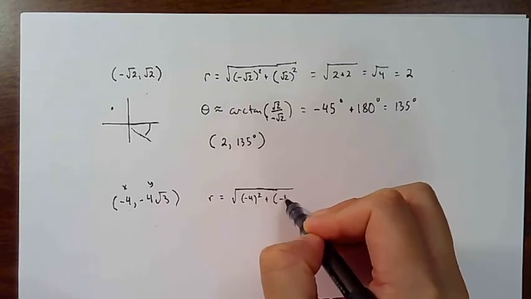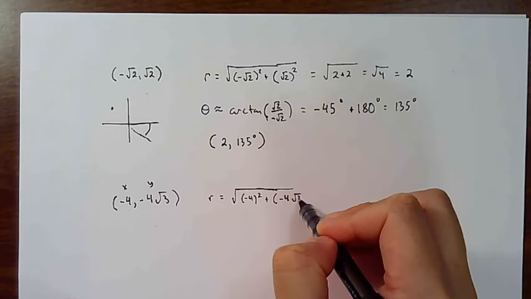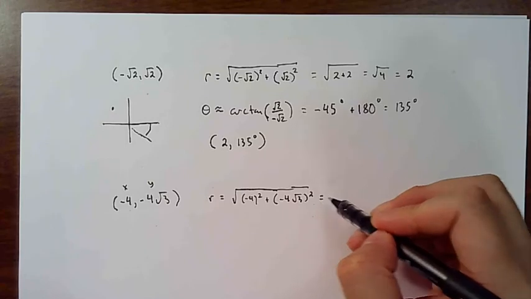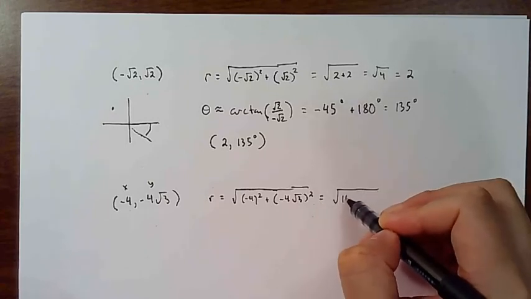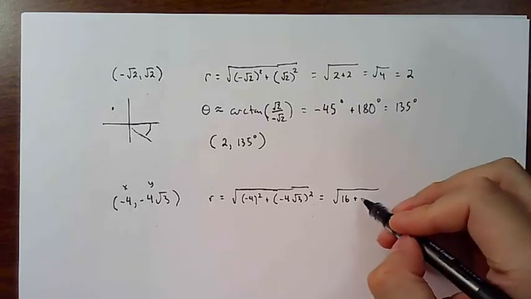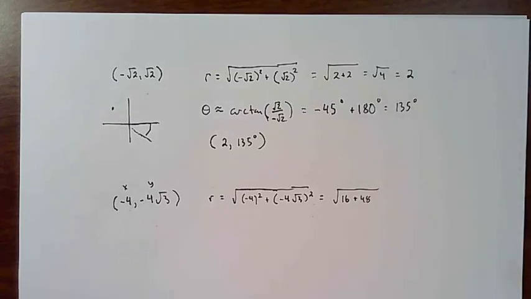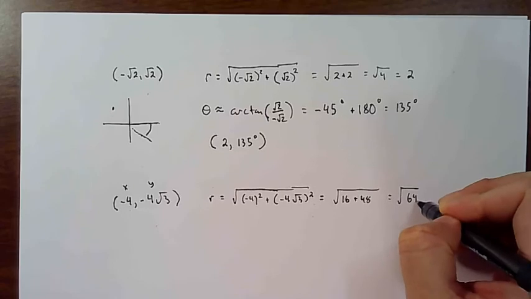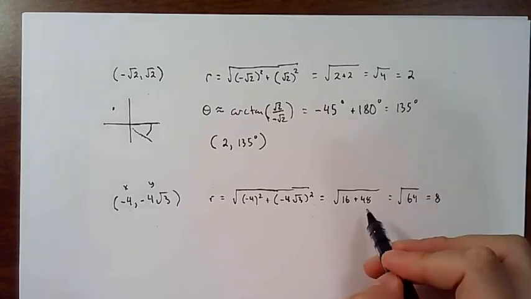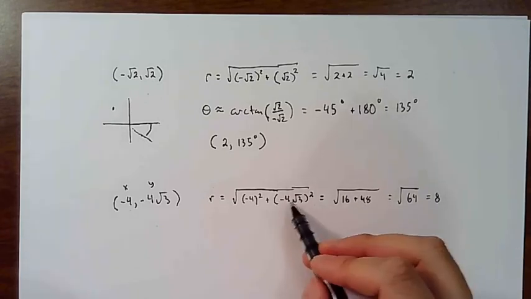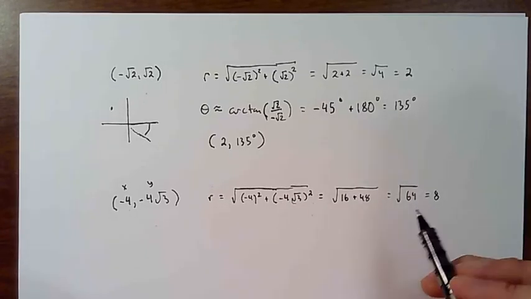Y squared is negative 4 square root 3 squared. So this is the square root of 16 plus 48, which is the square root of 64, which is 8. So this 48 is because when I square this, I get 16 here and 3 here. So when you multiply those, you get 48. So our r came out really nice again.